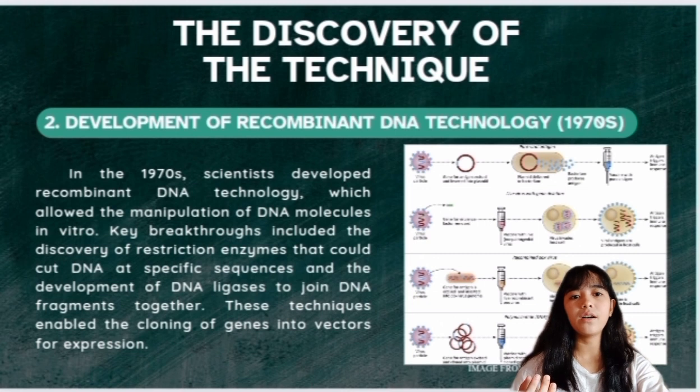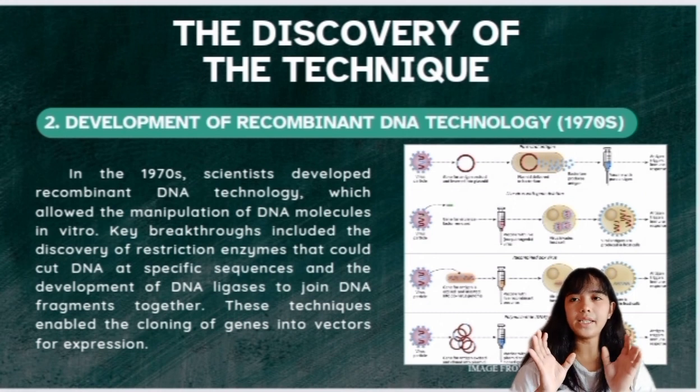The next process that is involved in this technique is the insertion of the DNA fragments into a vector. The vector is often the plasmid, wherein the plasmid is a small circular piece of the DNA, and it is also cut with the same restriction enzymes, creating complementary or sticky ends to those on the gene of interest.